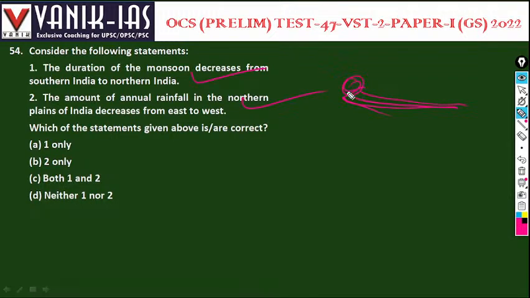In Delhi, there is very scanty rainfall because obviously the air is moving like this. Gradually, the moisture will reduce, so rainfall will reduce. If there is Aravali range, the Arabian part of monsoon generally does not go to the northern part. So we see drought in Punjab and Haryana region. So both the statements are correct.